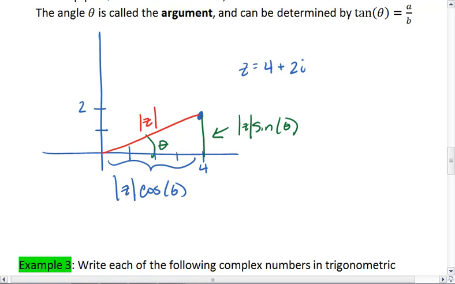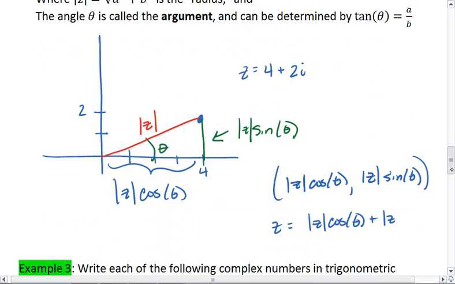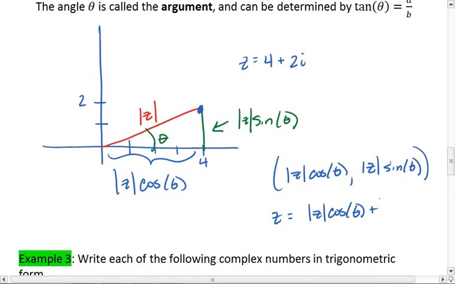So my ordered pair can be now given as magnitude cosine theta, magnitude sine theta, which means z can be written as the magnitude of cosine theta plus i times the magnitude of sine theta.